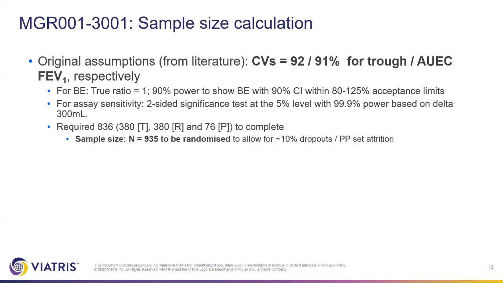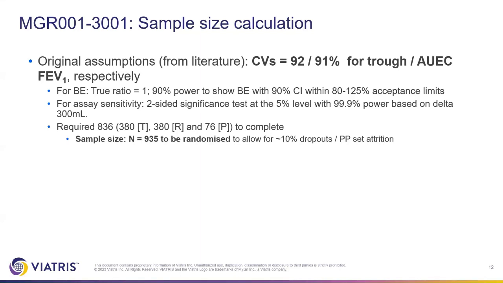When we sample sized this, no studies had been conducted of this type. So we went to the literature and we selected data which we thought would give us estimates of variability for trough FEV1 and for the area under the effect curve for FEV1 on day one.